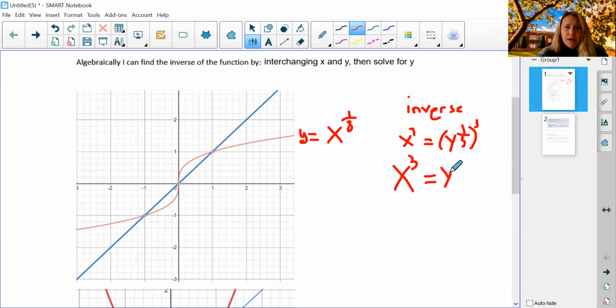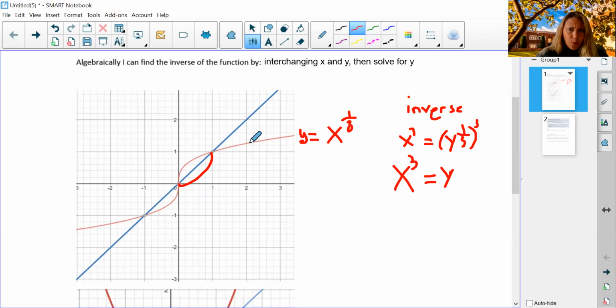But again, in order to do this graphically, I want you to reflect the red line through the blue line. Reflecting through a line means I go equal distance.